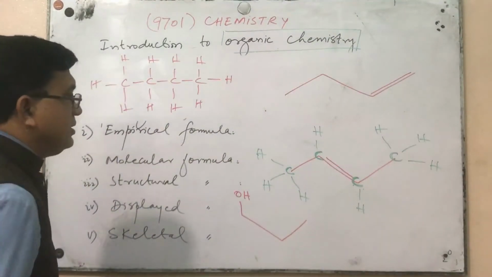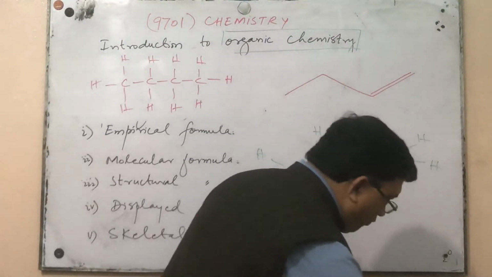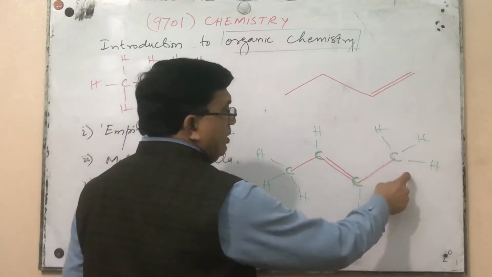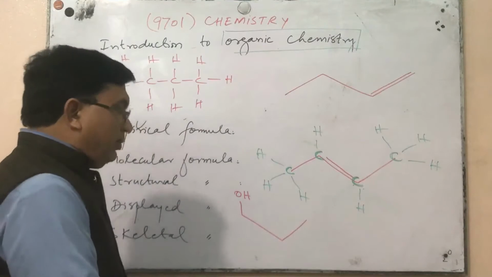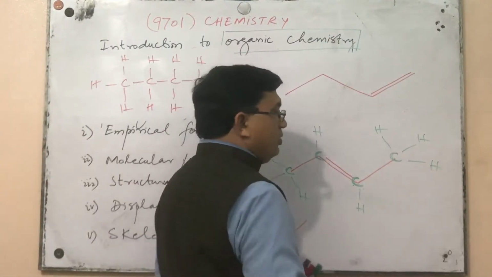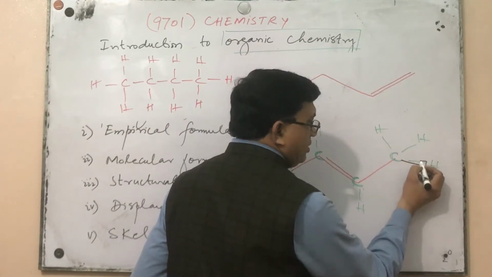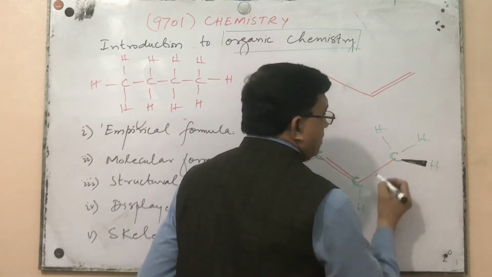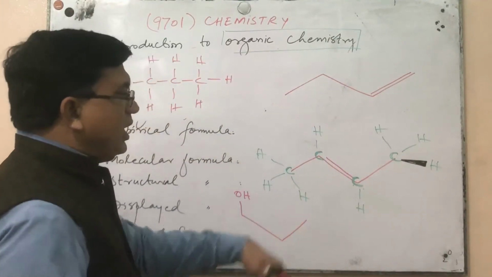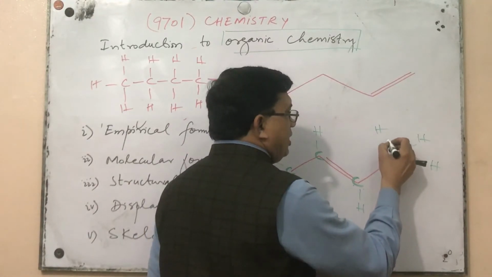Now, next is the wedge-shaped formula. For example, if I want to represent these three carbon atoms here, if one hydrogen is coming towards us, definitely we will show it in the form of a wedge. The hydrogen which is going away from us will be represented by a dotted line.